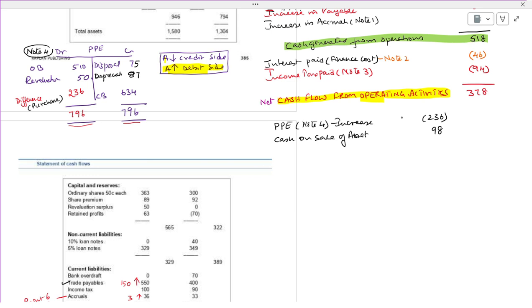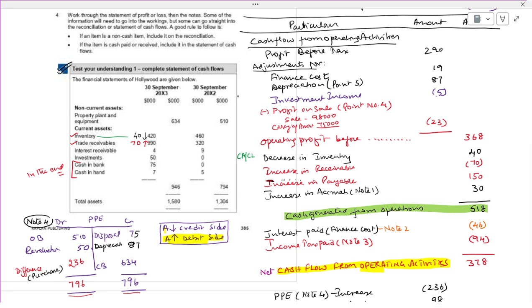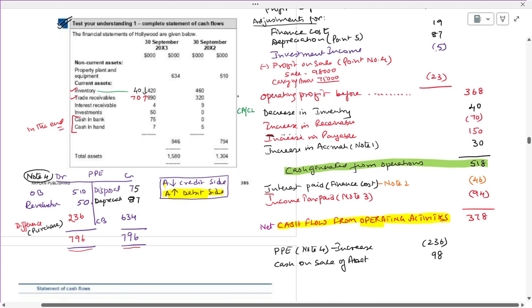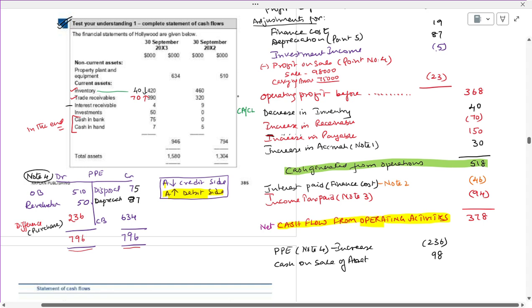Next. See, in the beginning, what have we done? In the beginning, what is there? Interest receivable. This will come from investments.